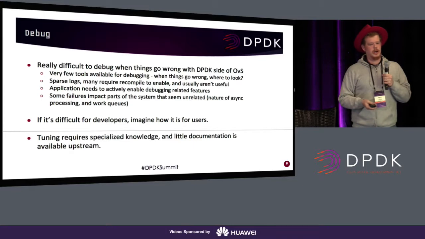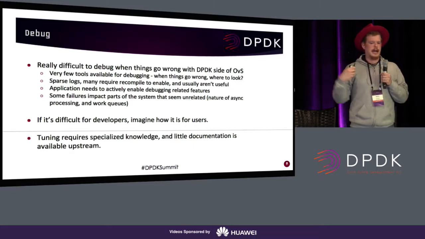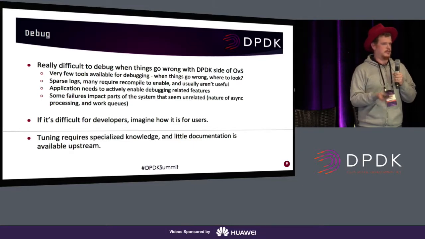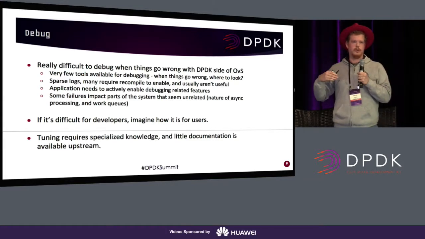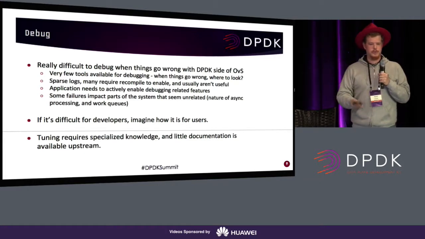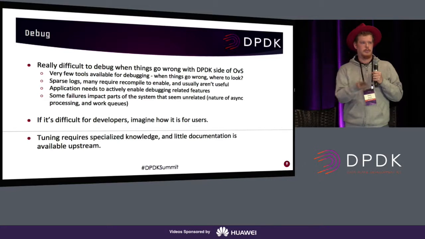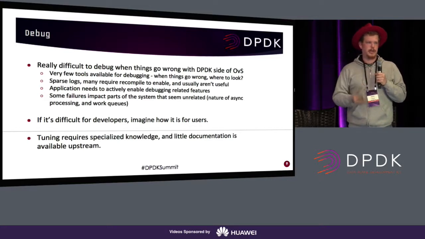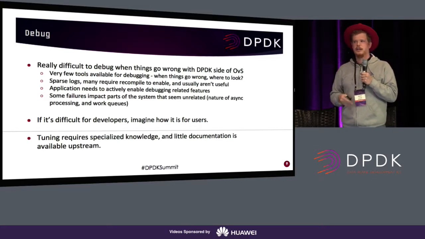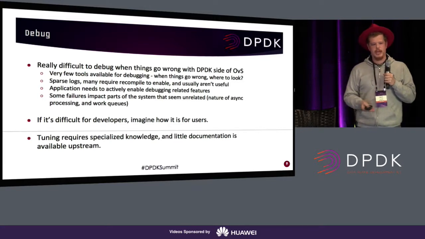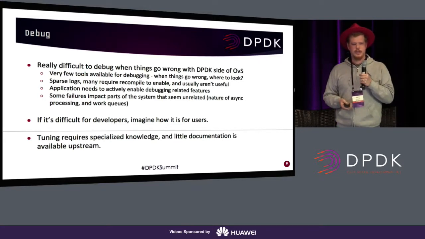Whenever new features come along, applications need to actively enable them, and that goes especially for debugging. So if some new debug framework comes in, like pdump, for example, the application has to adjust to enable that. That's a pain point for integration.